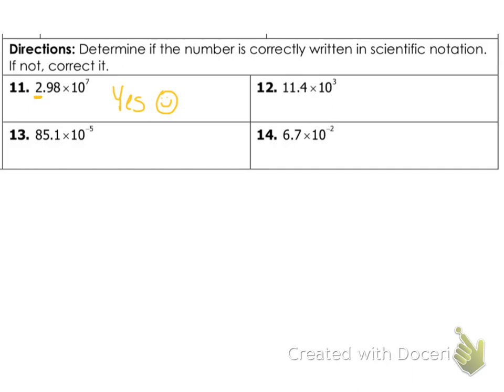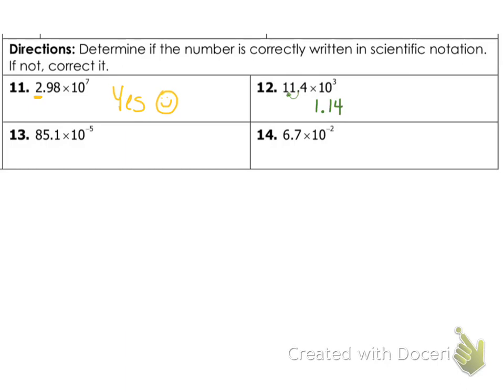They say that if it's not written in scientific notation, then correct it. So we could just leave it and move it over. But what they mean is correct it so that the new number that you write is equivalent to the number that they wrote. So if we move the decimal point once to the left and have 1.14, when we move the decimal point to the left, that makes the number smaller.